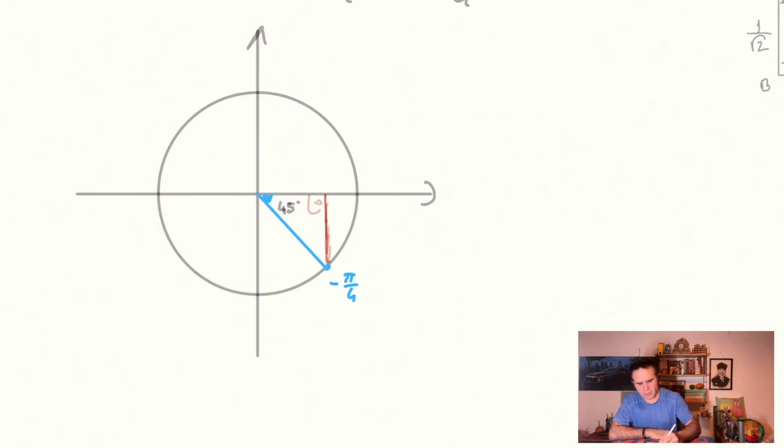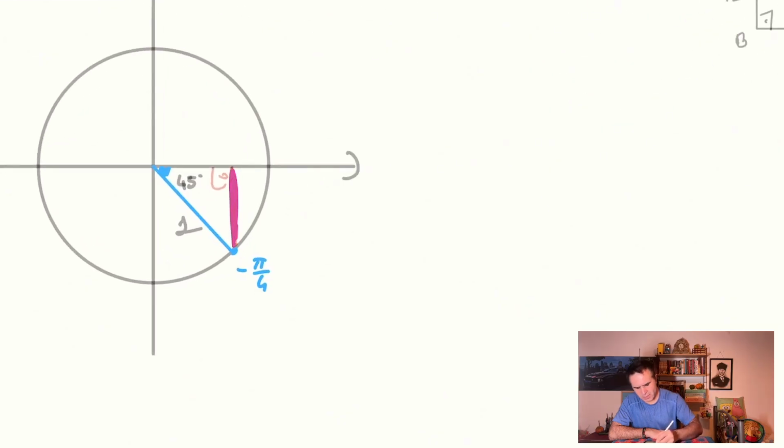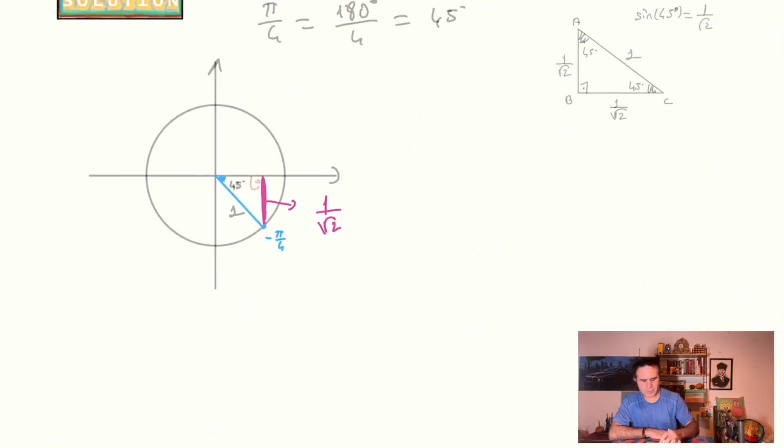Radius is 1, so we have here 1, and a sine of 45 was 1 over square root of 2. So this length here will be 1 over square root of 2. And we need to find sine of minus pi over 4.